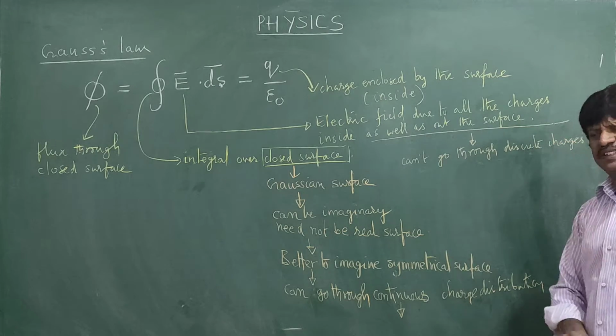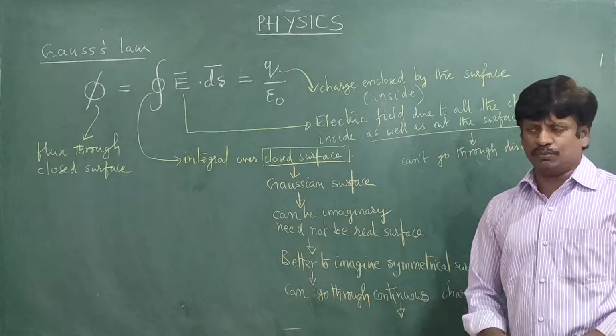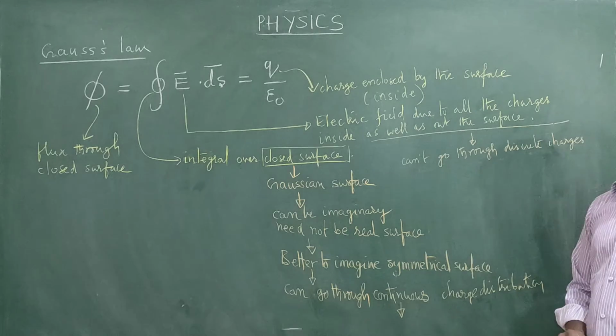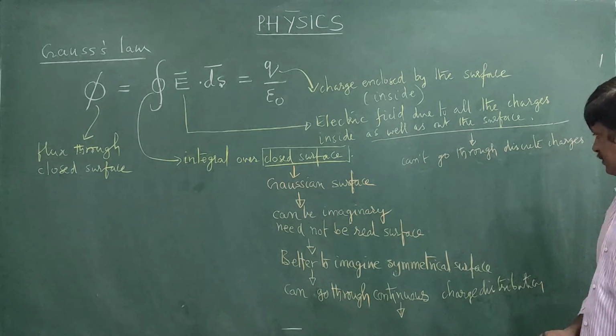The surface that you are taking can go through continuous charge distribution, but it cannot go through discrete charges. That means it can't pass through any single charge.